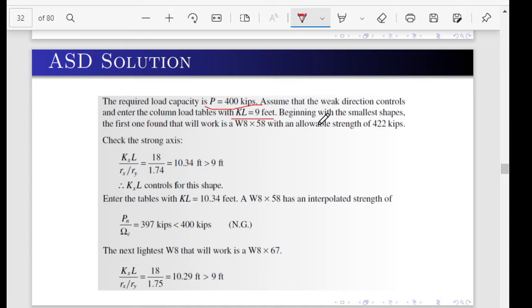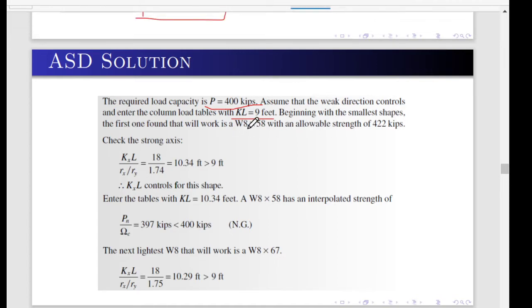So, beginning with the smallest shapes in the table, W8, W10, W12, W14, we'll try first the W8 with allowable load capacity or allowable strength greater than this 400, based on this KL, the assumed effective length of 9 feet.